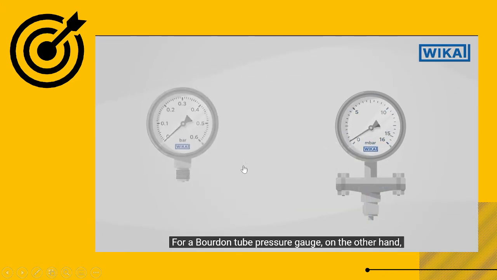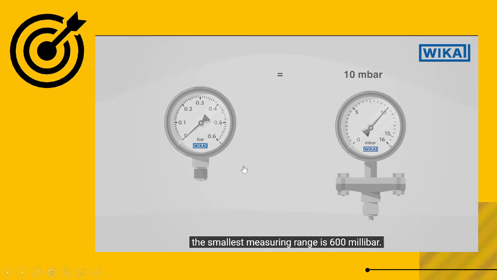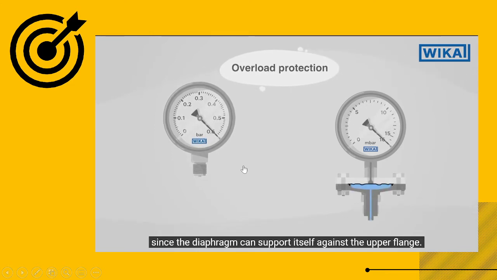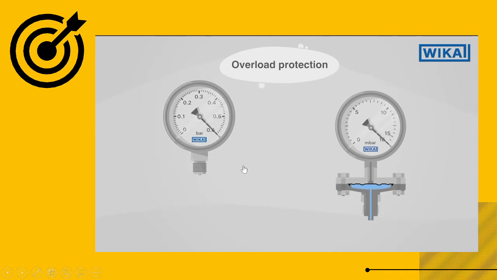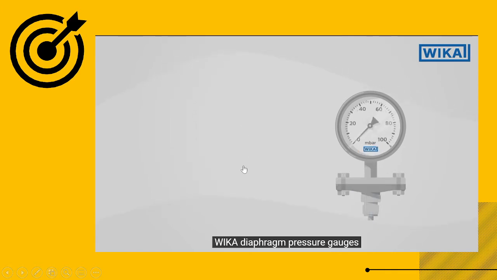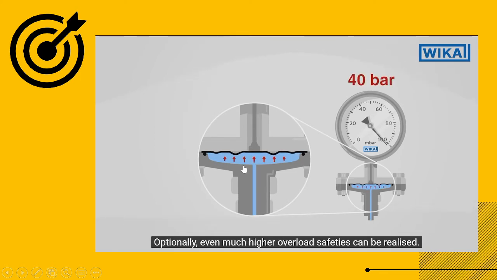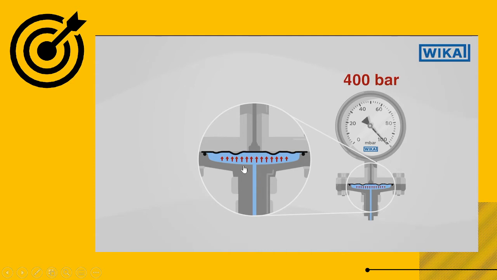For a Bourdon tube pressure gauge, on the other hand, the smallest measuring range is 600 millibar. Diaphragm pressure gauges offer good protection against overload since the diaphragm can support itself against the upper flange. Diaphragm pressure gauges offer 5 times the overload protection as standard ones. Optionally, even much higher overload safeties can be realized.